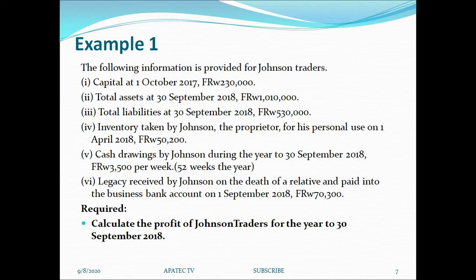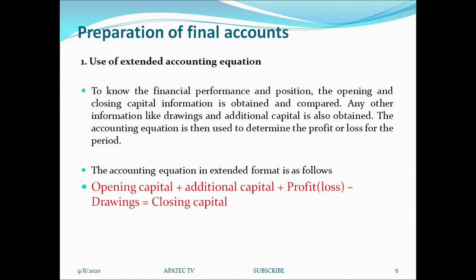In our question, they are asking us to calculate the profit of Johnson Trade for the year to 30 September. This is a formula that shows how we can calculate profit or loss.